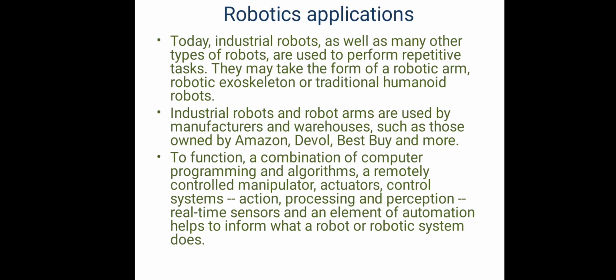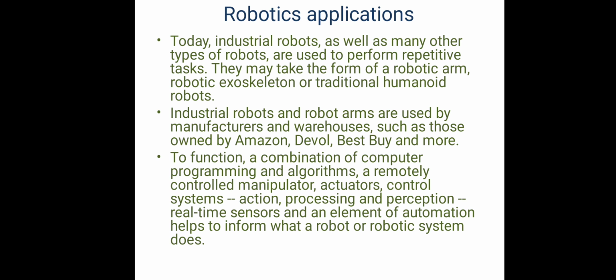Robotics applications come in the industrial field, where various types of robots are used to perform repetitive tasks. They may take the form of a robotic arm, robotic exoskeleton, or traditional humanoid robots.